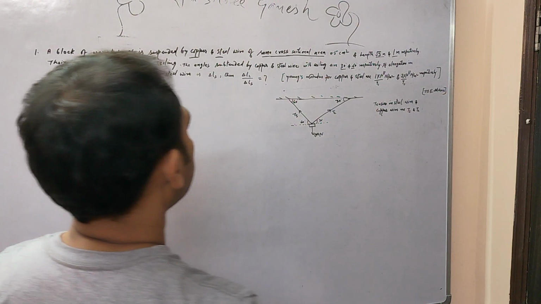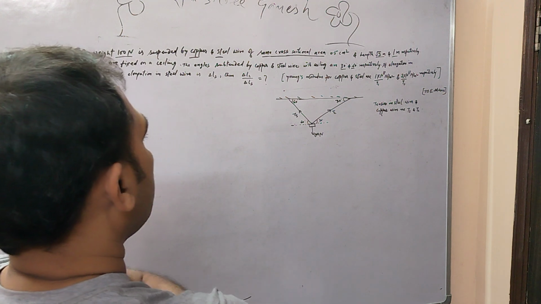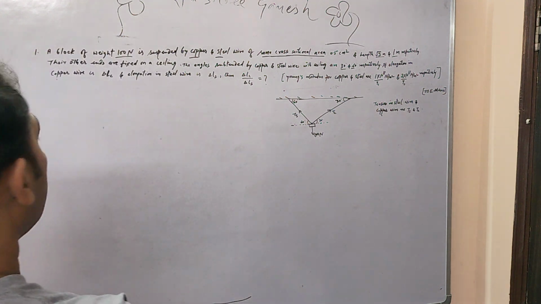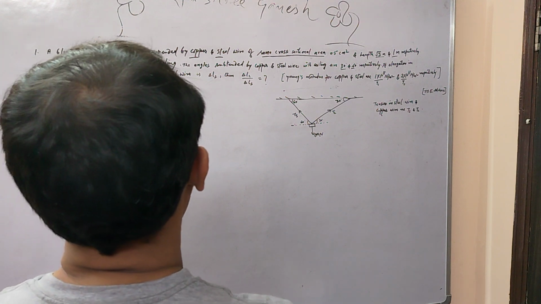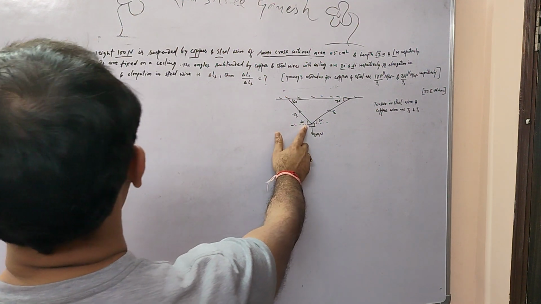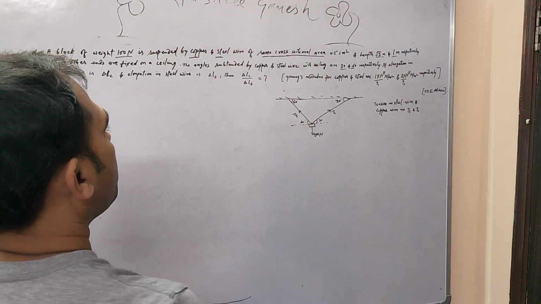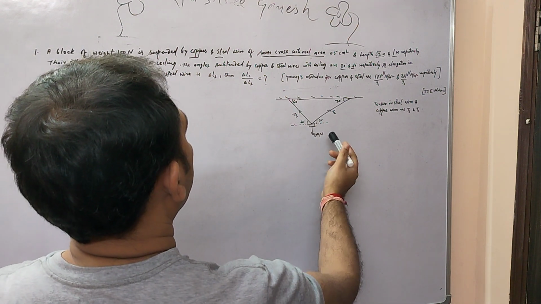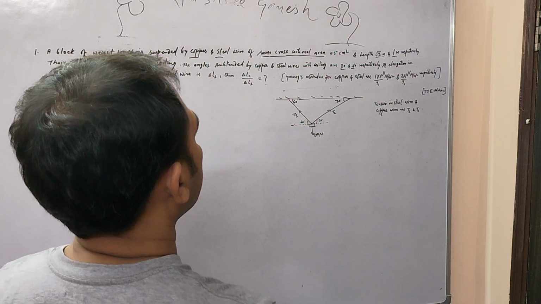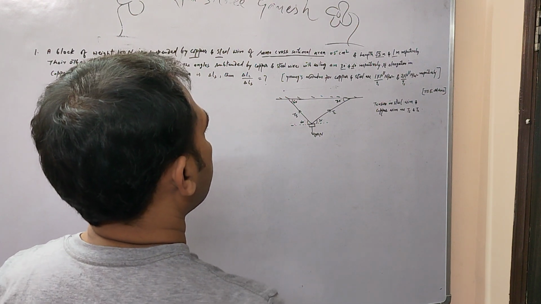Again, here is a question that was asked me. JEE Advanced. Question says a block of weight 100 Newton is suspended by copper and steel wires of same cross sectional area 0.5 centimeter square.